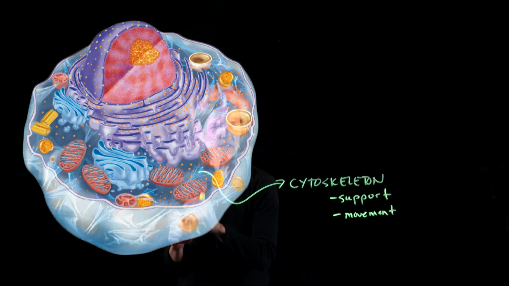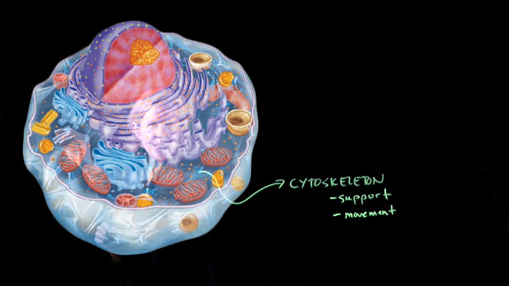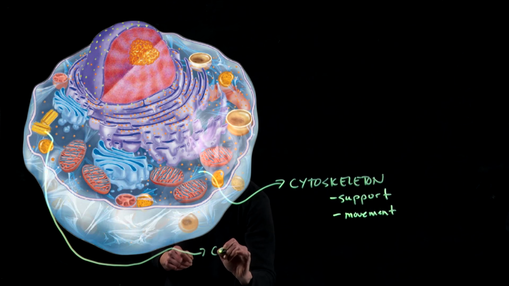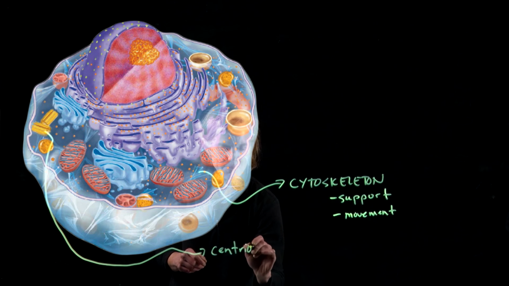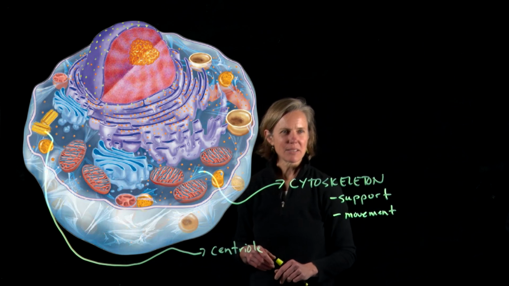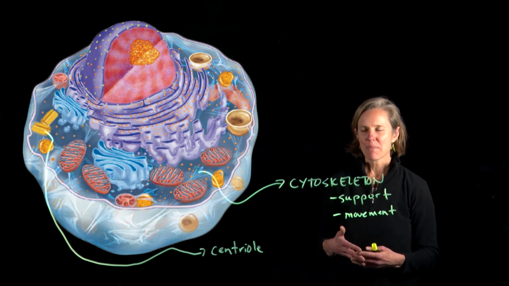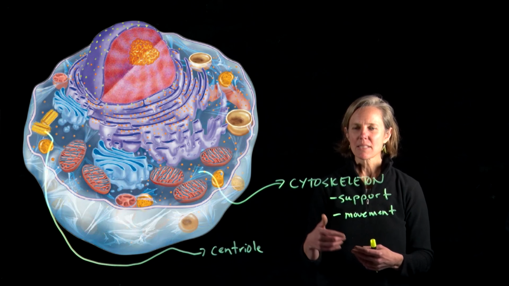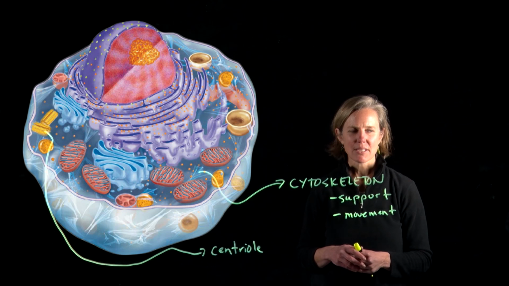The other structure in an animal cell, shown here, is the centriole. Again, it's not an organelle because it's not enclosed in a membrane. It's composed of protein, and in fact, it's composed of proteins that also make up the cytoskeleton.